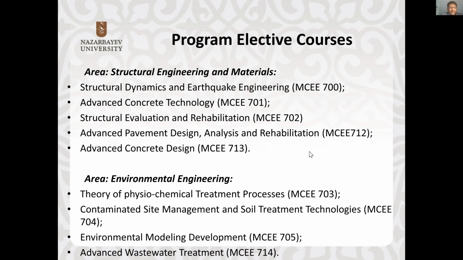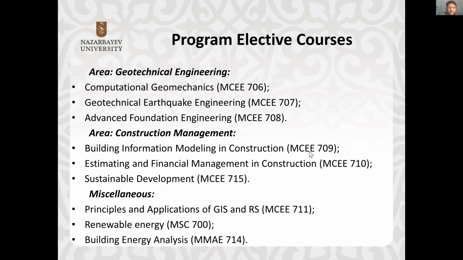Here you can find the list of electives that we are offering in geotechnical engineering and construction management, and some of the courses, for example, renewable energy and building energy analysis, we have taken from other departments. For example, building energy analysis has been taken from the mechanical engineering department.